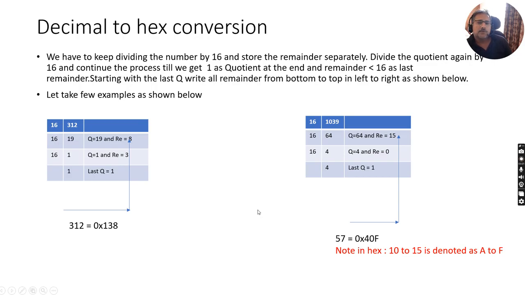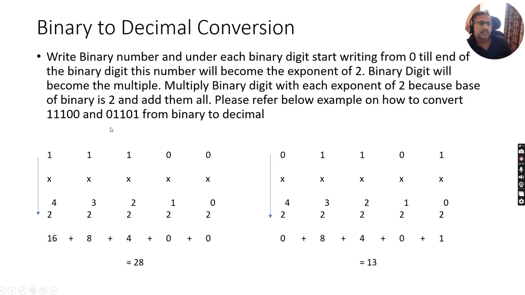Now you understand how to convert from decimal to binary and decimal to hexadecimal. You should also understand how to do the reverse, from binary or hexadecimal to decimal. For decimal to binary or decimal to hexadecimal, you need to divide using the base of that system, 2 and 16 respectively. So for the reverse, you will have to multiply. This is how you multiply.